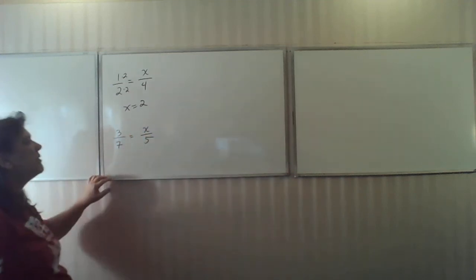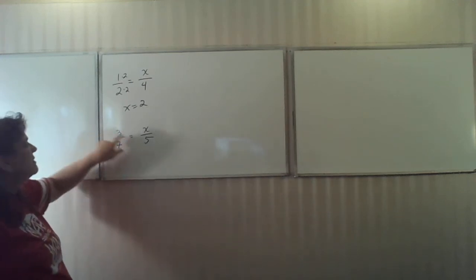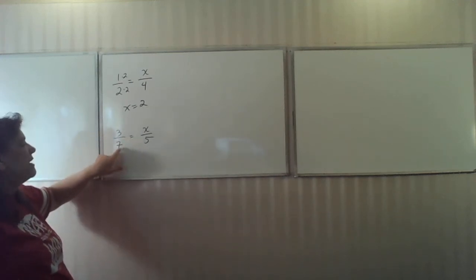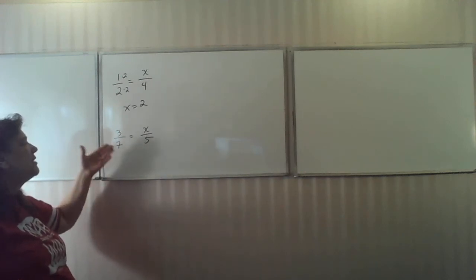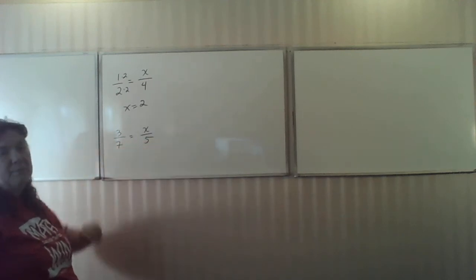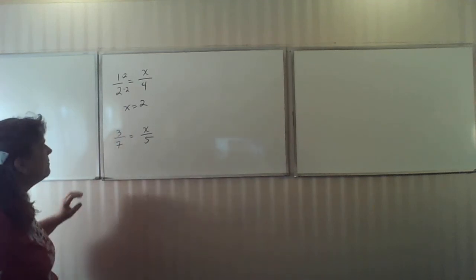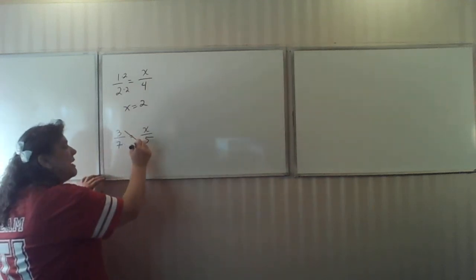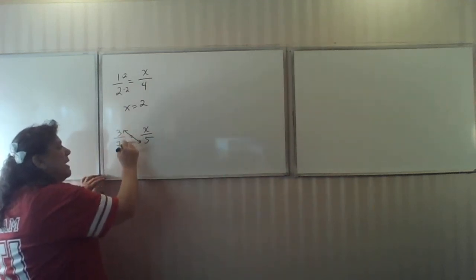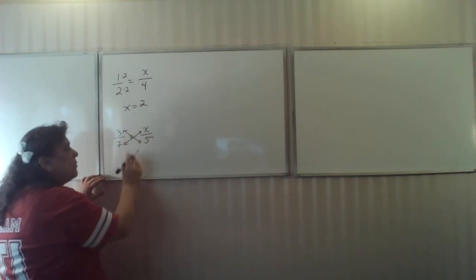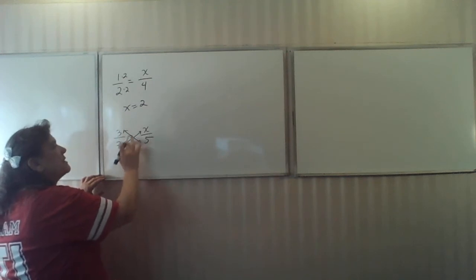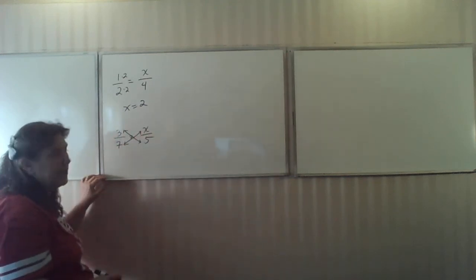Okay, we can see real easy that that is not going to be 1. 7 doesn't go into 5, 5 doesn't go into 7, so there's nothing we can do to the 7 easy to make the 5. When this happens, we are going to use the idea of the cross products. In an equation that is rational and has an equal sign, these cross products must be equal to each other.